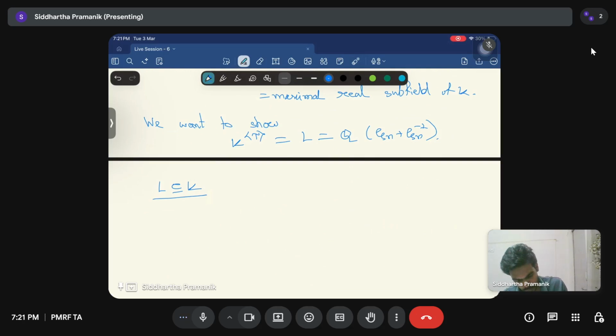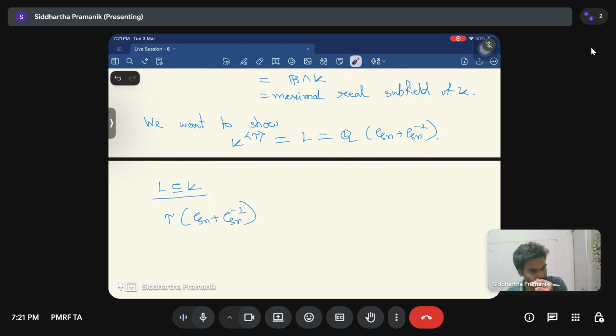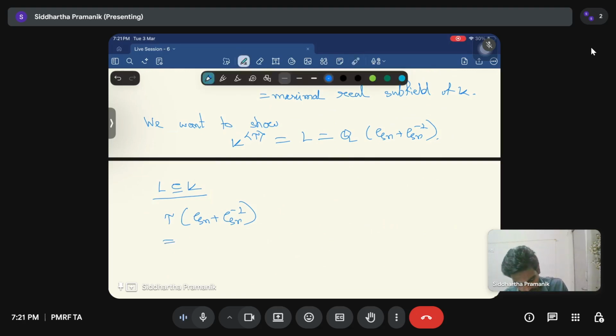So what is tau of zeta n plus zeta n inverse? By the way, zeta n is an nth root of unity. So by definition, this is tau of zeta n bar plus tau of zeta n inverse bar. But zeta n inverse is the same as zeta n bar because their product is 1.